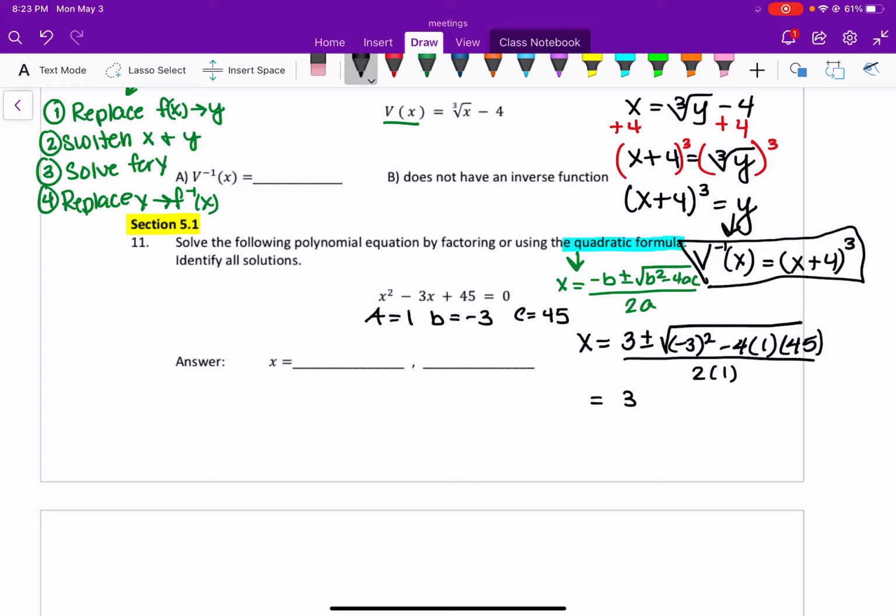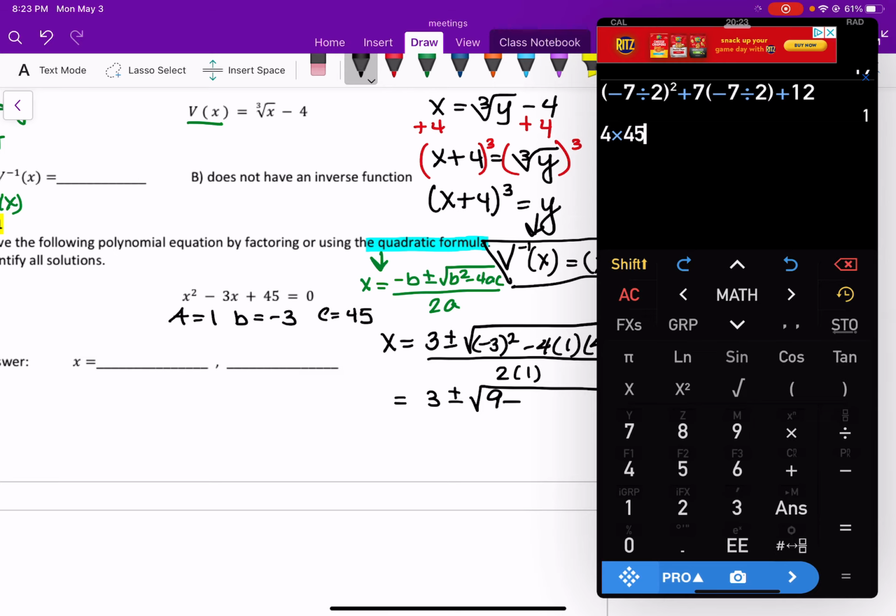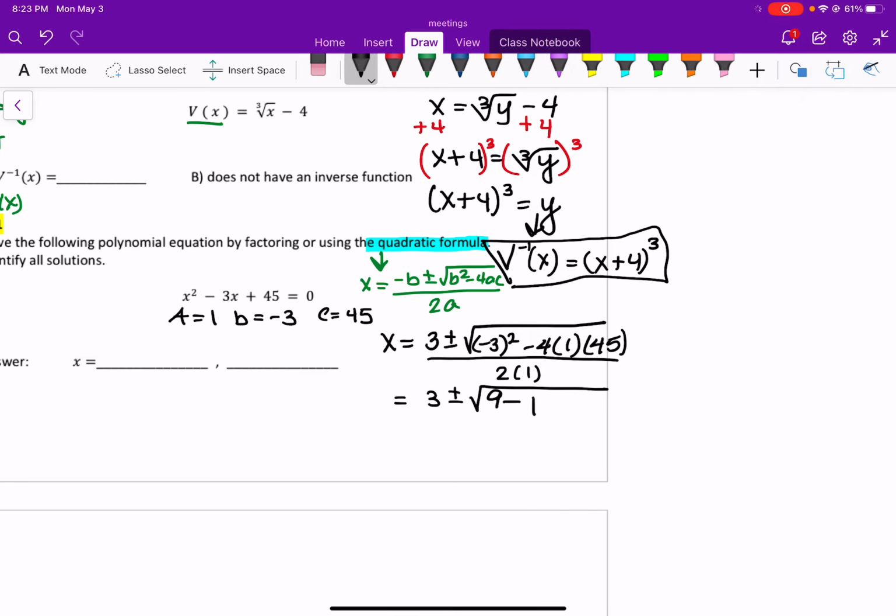So we have 3 plus or minus the square root of 9 minus 4 times 45, which gives us 180, over 2. All right, keep on going. I'm going to bring it over here. So 3 plus or minus the square root of 171. Oops, that was a mistake. It's going to be a negative 171 since it's 9 minus 180, all over 2.